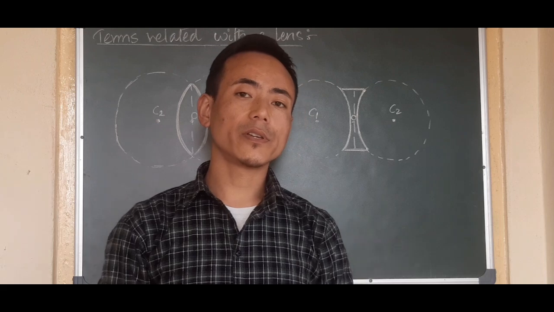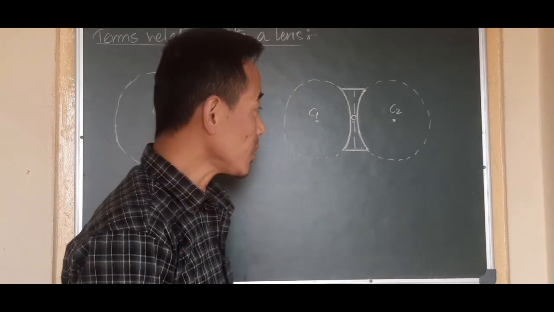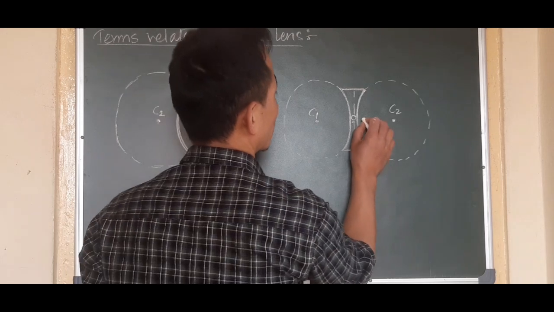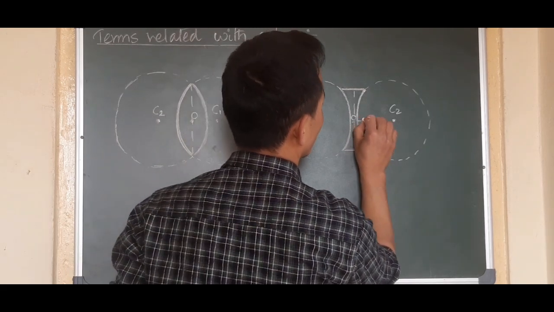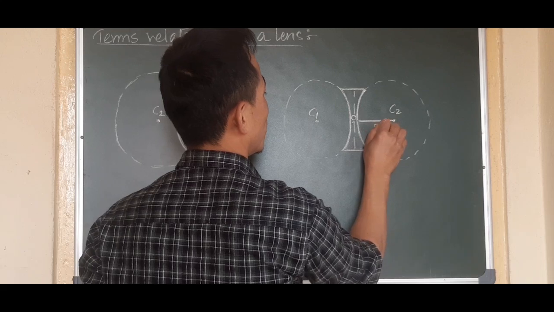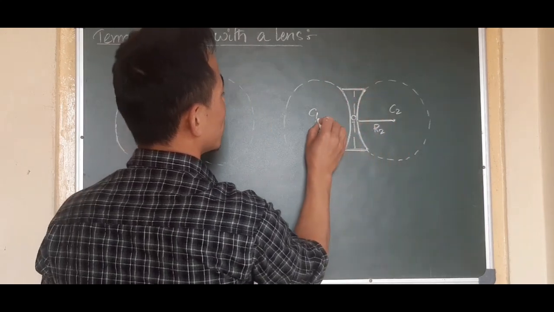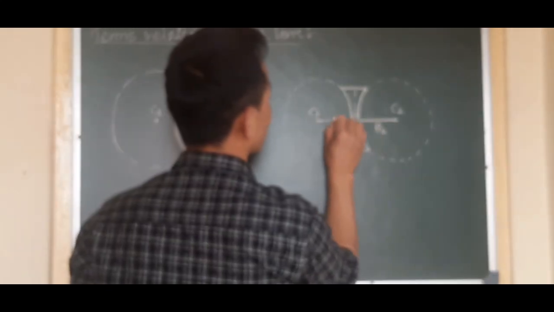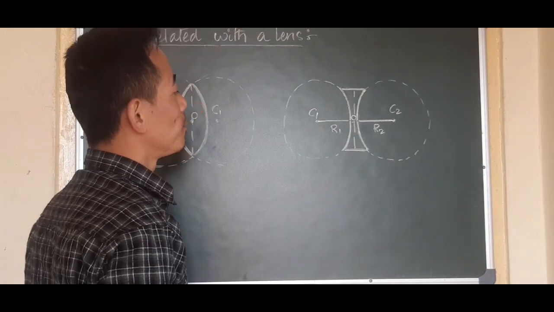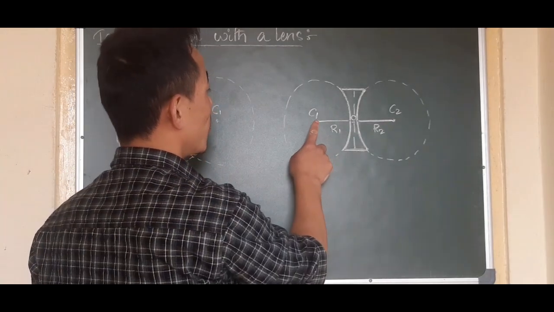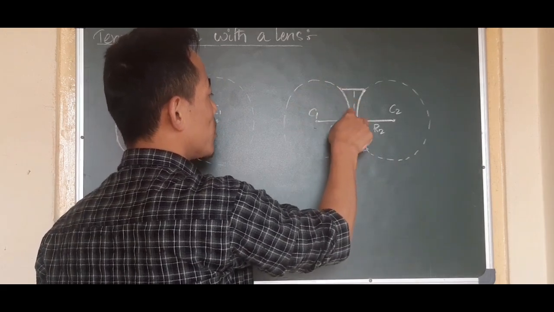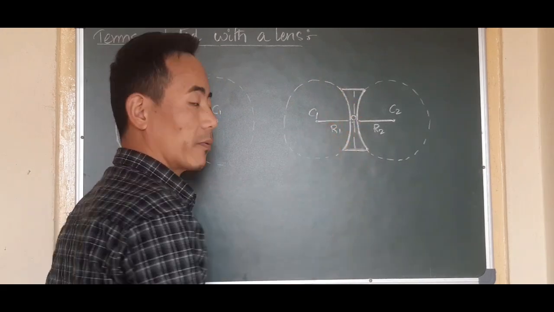Now radius of curvature is nothing but the distance from the center of curvature up to the surface or up to the sphere. For example, this distance is R2 here, and this distance from here to here, it is R1. So radius of curvature is the distance between the center of curvature and the sphere, of which the surface is just a part of it.